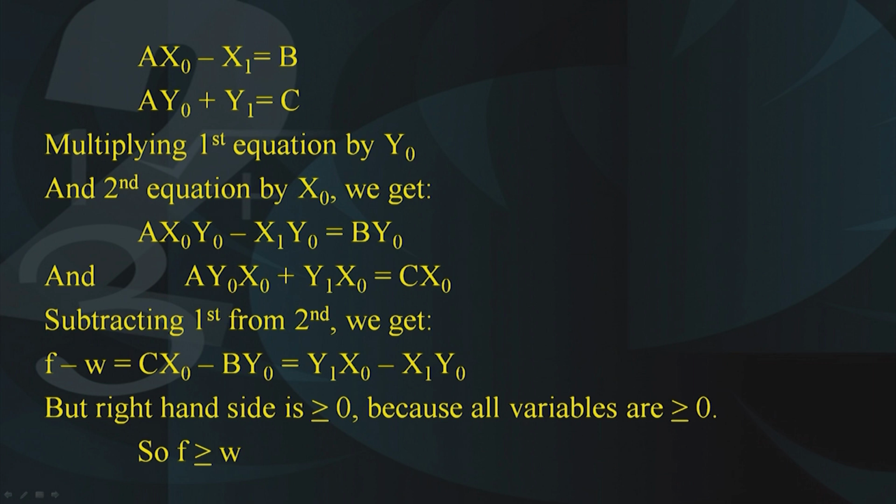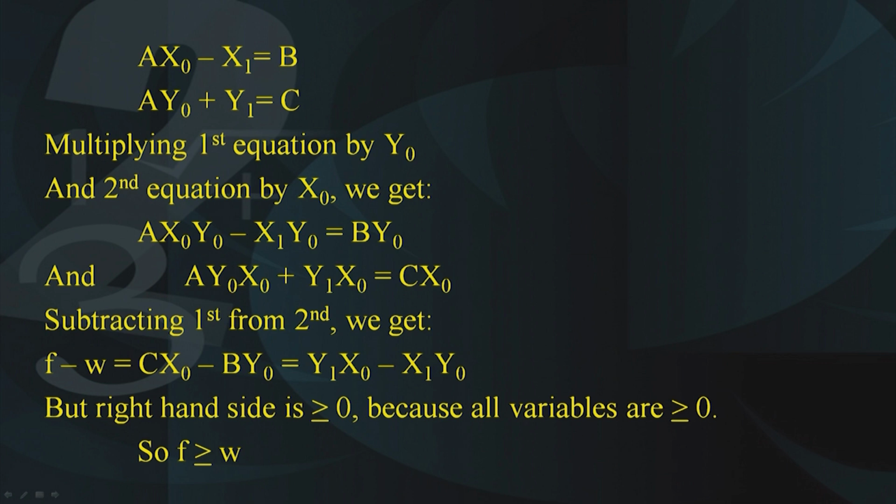Similarly, A y naught x naught + y1 x naught = c x naught. Now, subtracting the first equation from the second, we get f − w = c x naught − b y naught, which is equal to y1 x naught − x1 y naught.